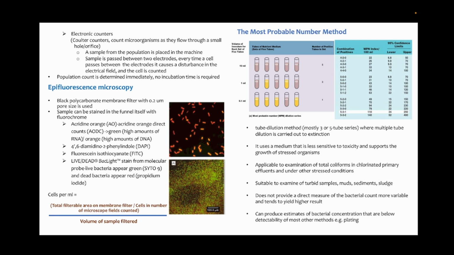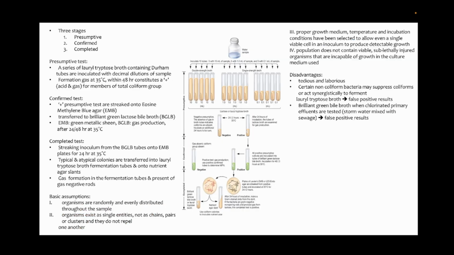So it doesn't provide a direct measure. This is important because it's based on a distribution table, probability table. So it is not a direct measure. That's why the answer itself is MPN, most probable number. So this is for E. coli.